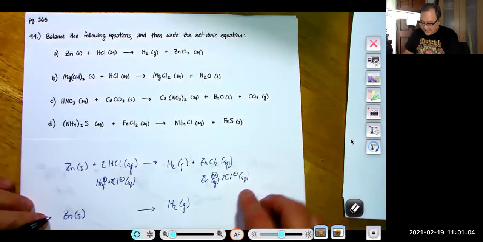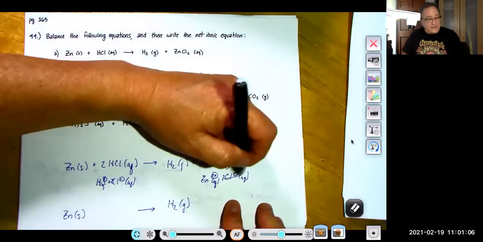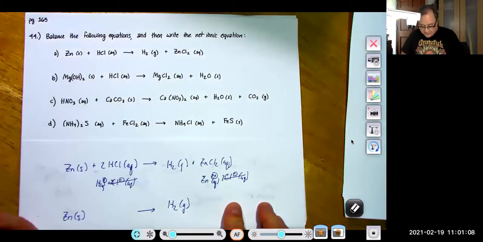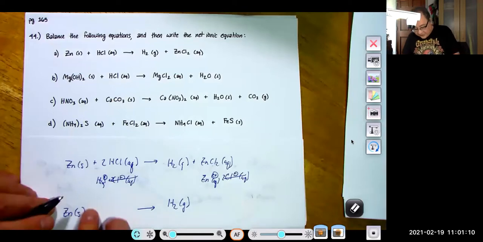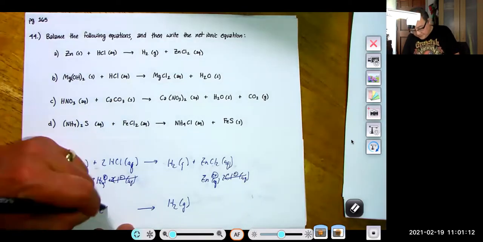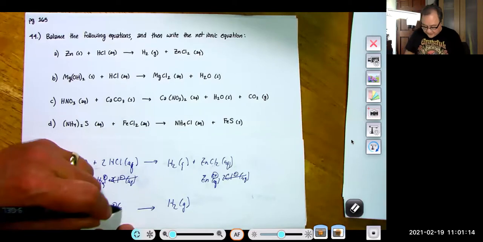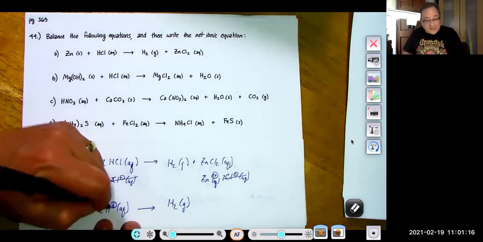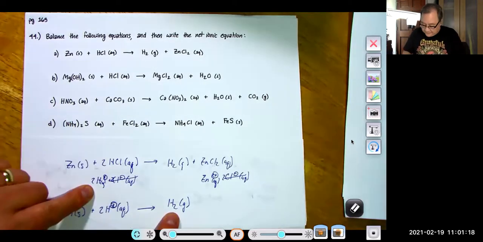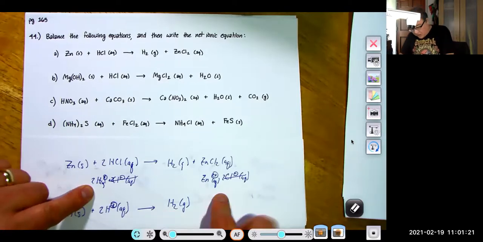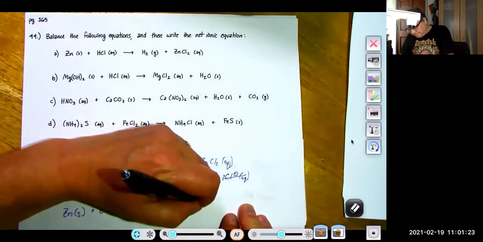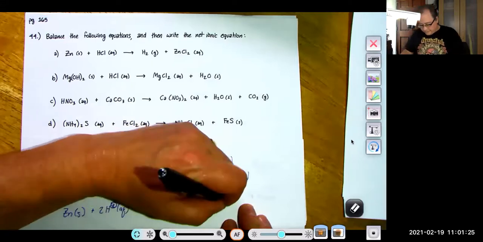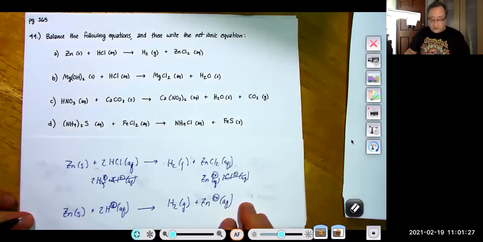So these guys, bonk, don't belong in the net. But these 2 H pluses, they do, because these are different than that. And the zinc, it belongs. And so there's your net ionic.